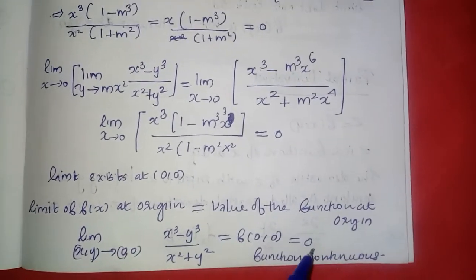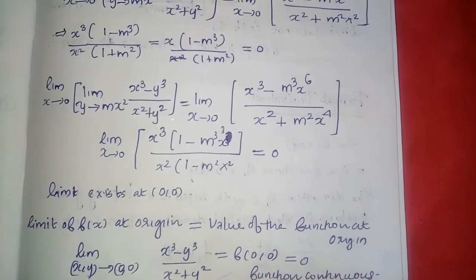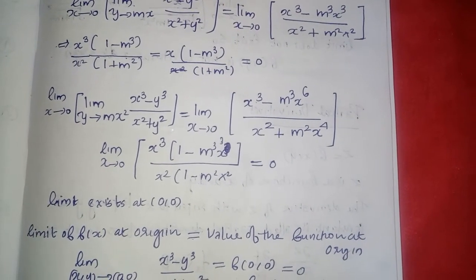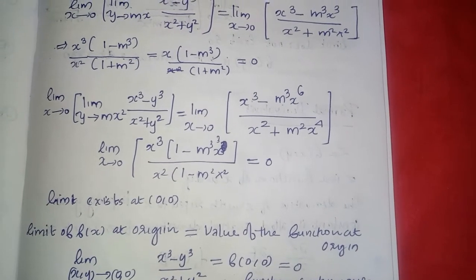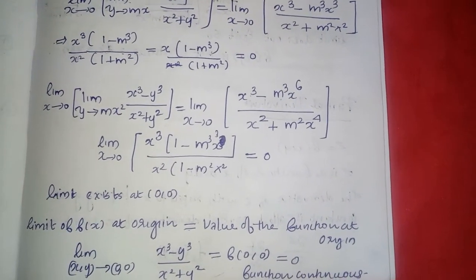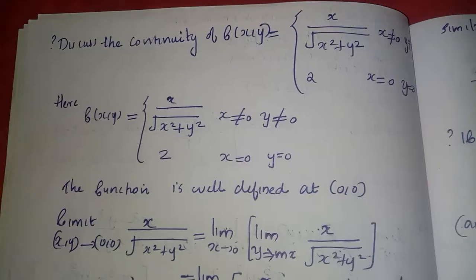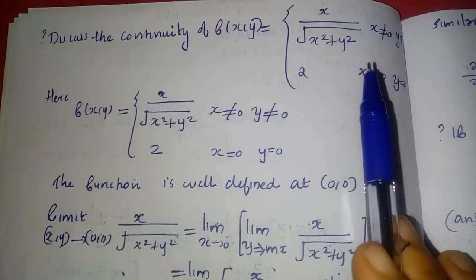So the function is continuous. The steps are very clear: the function should be well defined, the limit should exist, and the limit should be equal to the value of the function at the point.